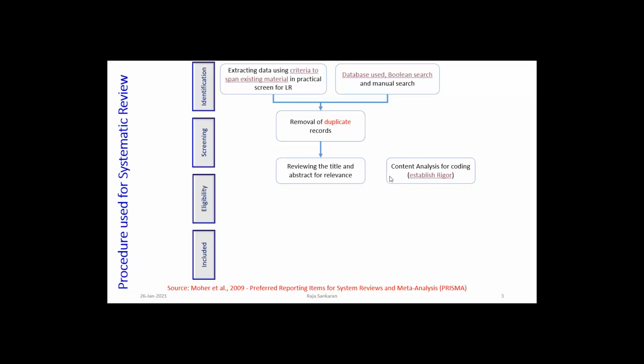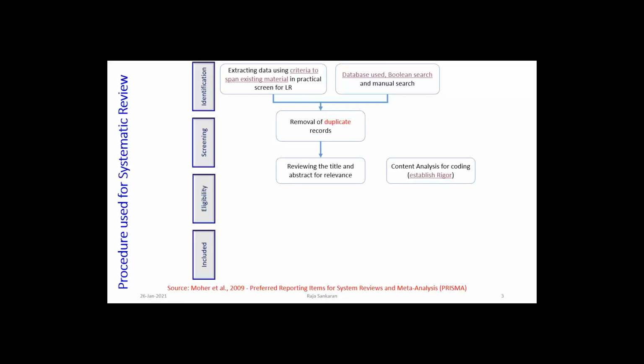At this stage, the key important aspect is to establish rigor. When there are multiple authors or researchers contributing towards a particular SLR or meta-analysis, this is one of the key aspects. How the content analysis is done, how the codification is done, how do multiple people work together cohesively.